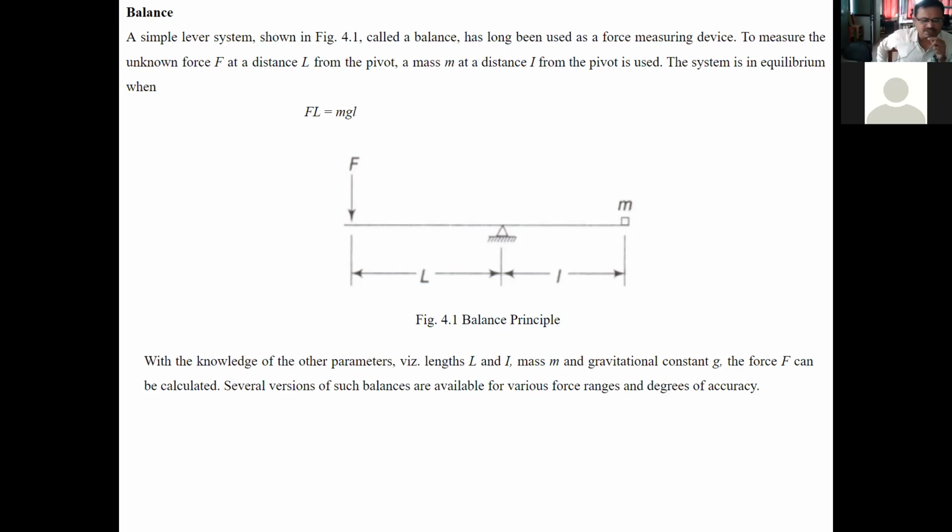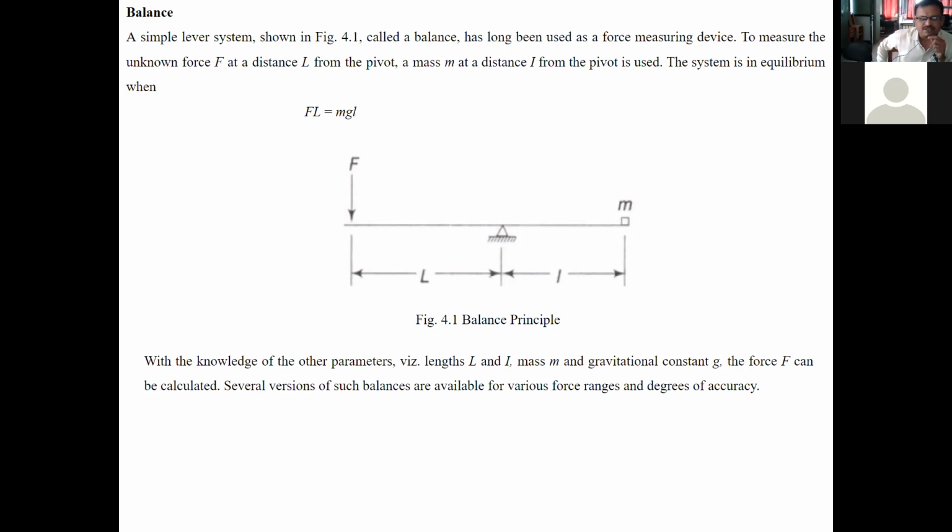A simple lever system shown in figure 4.1, called a balance, has long been used as a force measuring device to measure the unknown force F at a distance L from the pivot. A mass M at a distance l from the pivot is used.